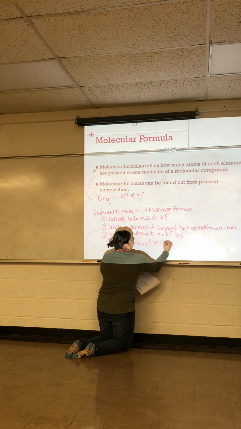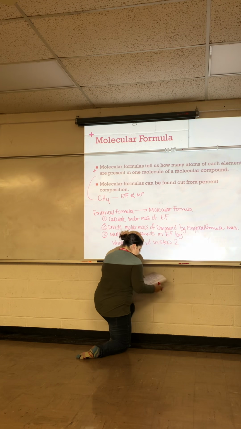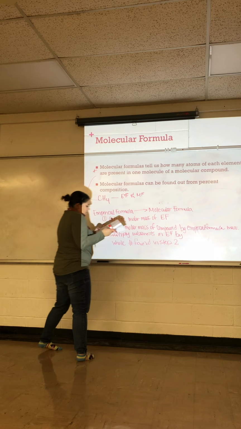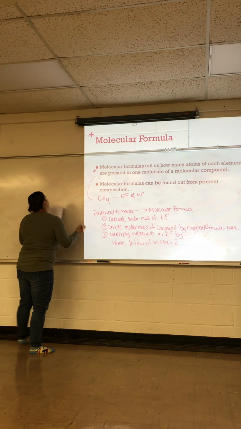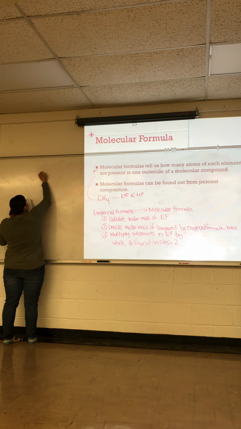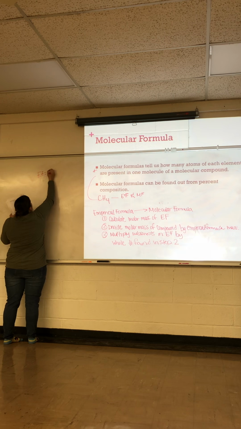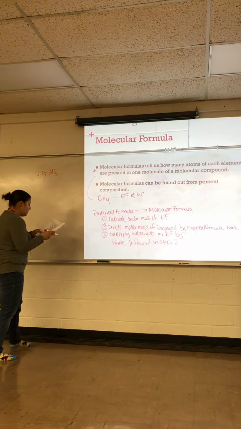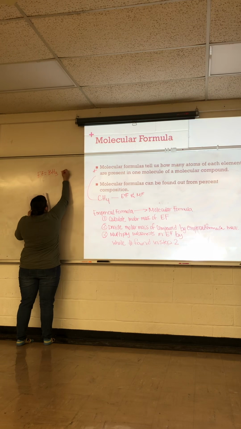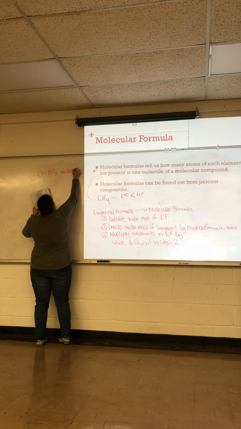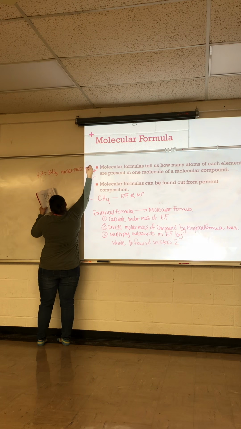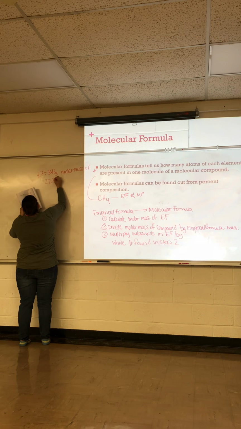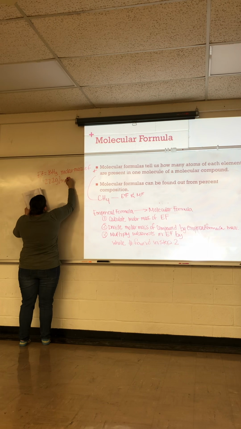So guess what we're going to do? If I have an empirical formula of BH3, my empirical formula is BH3, and it has a molar mass of 27.2 grams per mole.